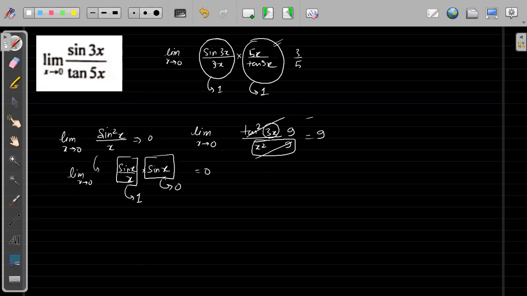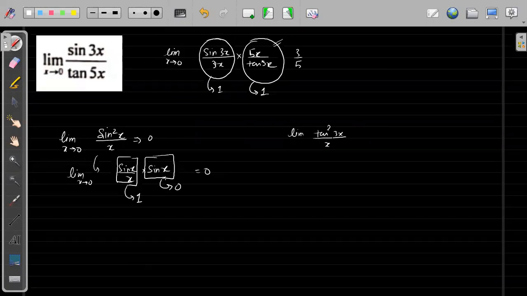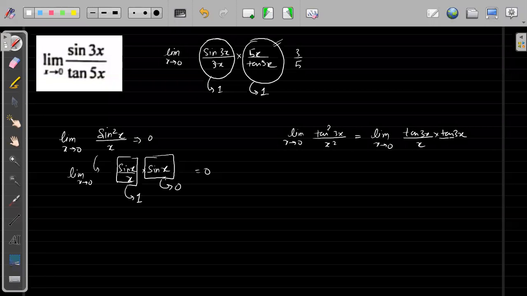Okay, okay. See, what this is saying is, I will write it once again. The question is limit of tan square of 3x divided by x square, x tending to 0. So this thing we can write as limit of x tending to 0, tan 3x into tan 3x divided by x.